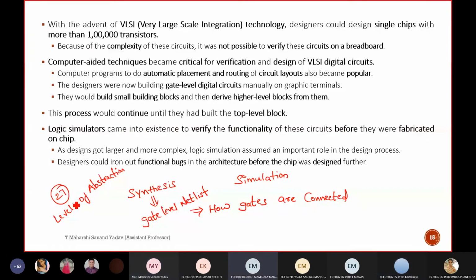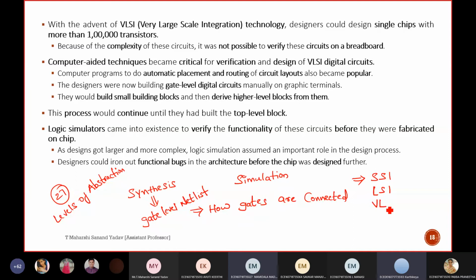Gate level abstraction and switch level. Or else, can you tell me about SSI, MSI and LSI? What are they? What is SSI? SSI is small scale integration. LSI is large scale integration.